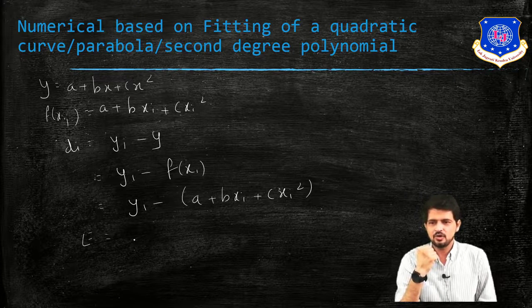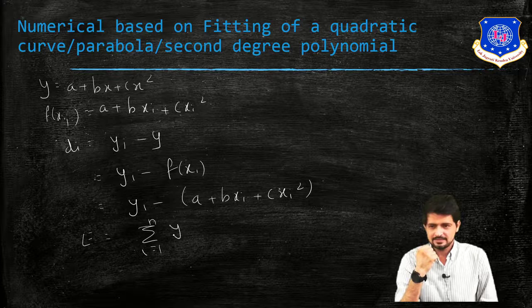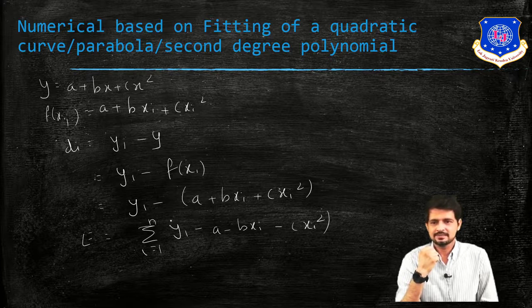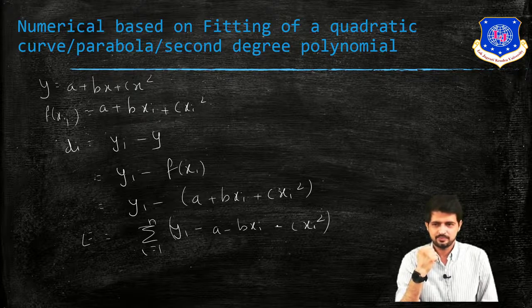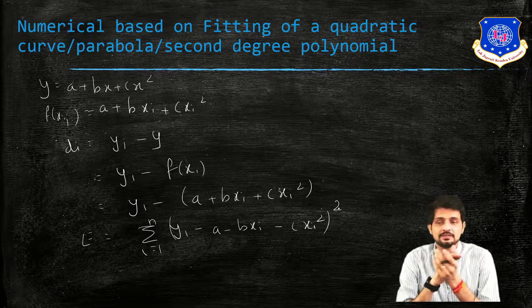And my value of E will be sigma i from 1 to n of the square of this di, so yi minus a minus bxi minus cxi square, the whole square. So this is the equation for the sum of the squares of residues E.